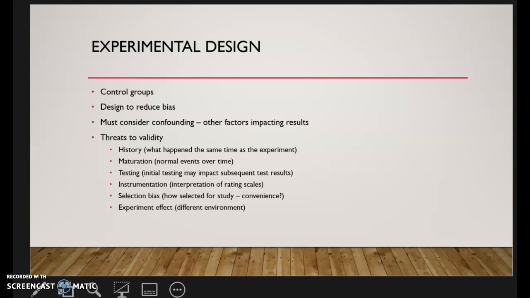There may be different interpretation of rating scales between individuals, like when we use different types of scales, say something as simple as what we weigh on. If the scales are calibrated, if there's two different locations or two different control groups using different scales, those are things to really examine as well.